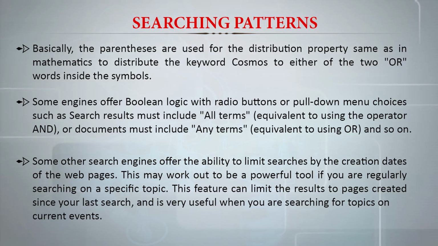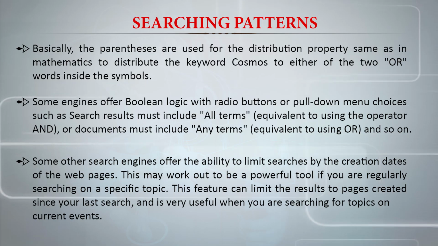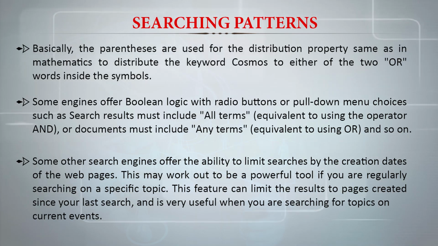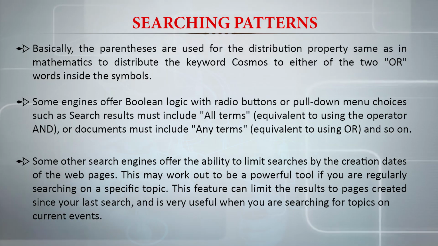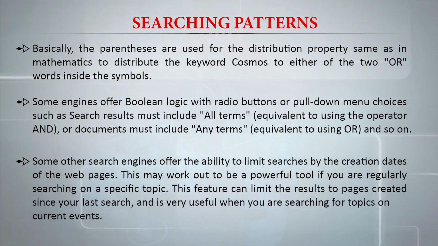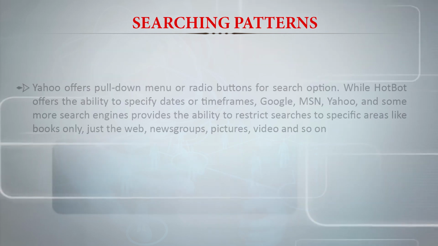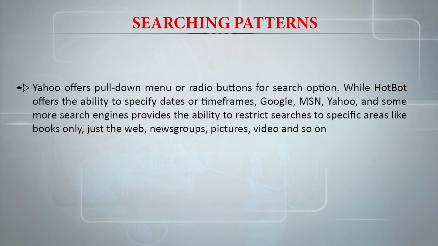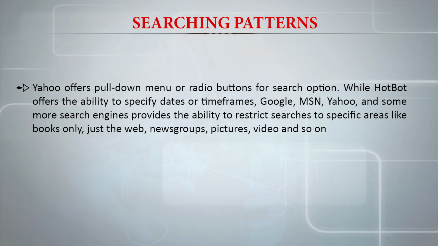This may work out to be a powerful tool if you are regularly searching on a specific topic. This feature can limit the results to pages created since your last search and is very useful when you are searching for topics in current events. For example, Yahoo, which is a search engine, offers pull down menus or radio buttons for search options.